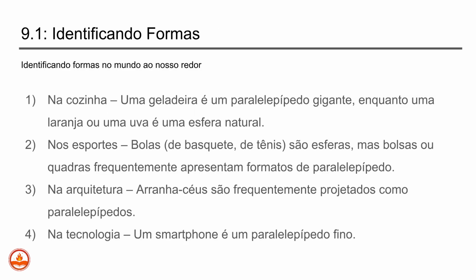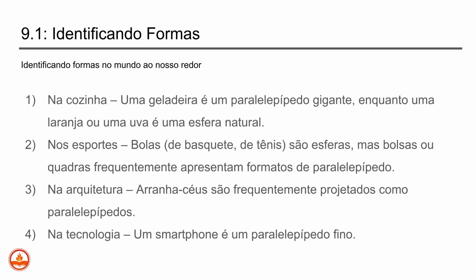Let's practice spotting some of these shapes in the world around us. We can spot shapes in the kitchen. A refrigerator is a giant cuboid, while an orange or a grape is a natural sphere.